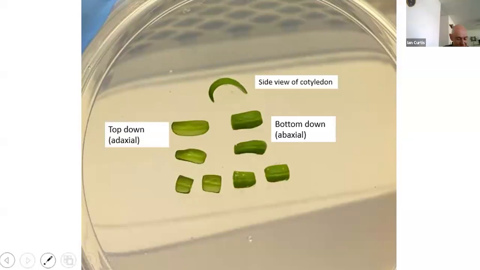Sure. Another question: I think in your protocol you've listed the use of NPTII and HPT as your selectable markers. I'm curious whether you've used a bar gene as a selectable marker in tomato. We did, in both tomato and potato, because we were doing potato at one time, and it was really difficult to work with and to get transgenic lines back. It was a good effort because we were collaborating with a group whose vector systems had the bar gene for herbicide resistance.